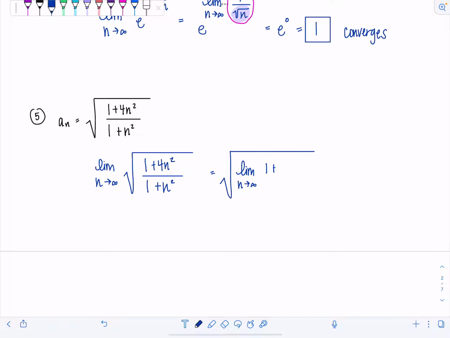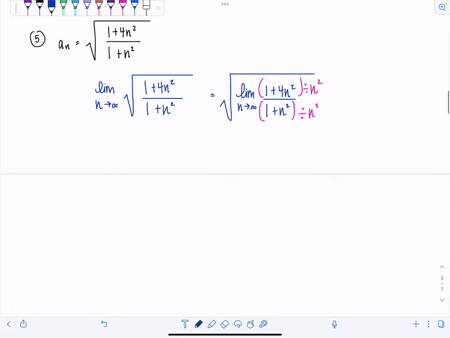And now we've got (1 plus 4n squared) over (1 plus n squared). Everything's squared under the radical, so we're super safe. Now I'm just going to focus on this rational expression. Let's divide numerator and denominator this time by n squared. That's the highest power of n in the denominator. And then we've got here the square root of the limit as n approaches infinity of (1 over n squared plus 4) over (1 over n squared plus 1).